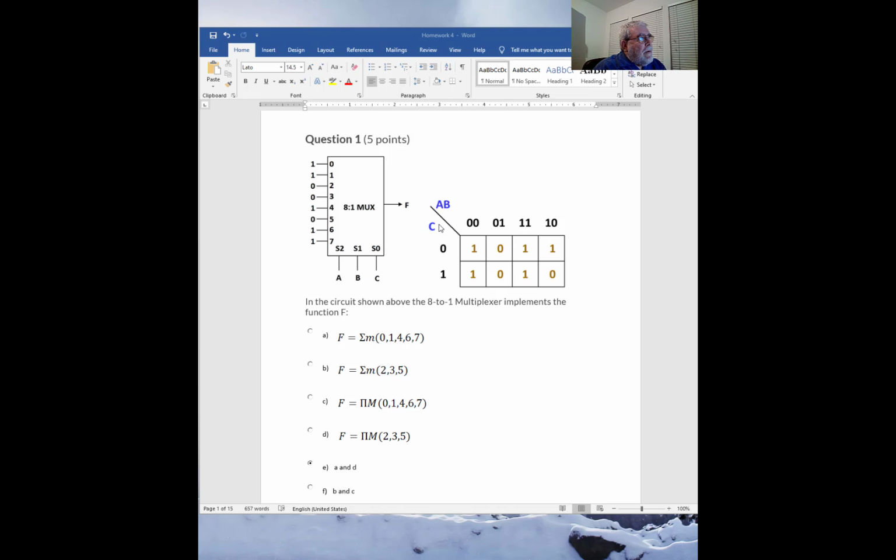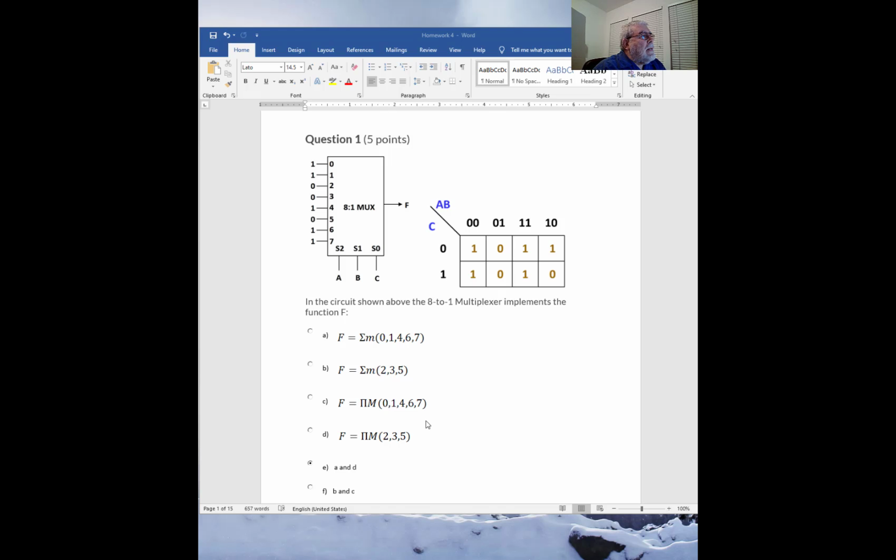So we provide all the possible combinations for A, B, and C, and then we look at the input to see what exactly it is. So we find this K-map or truth table, and then we look at the minterms here: minterm 0, 1, 4, 6, and minterm 7. So this is part of the solution.